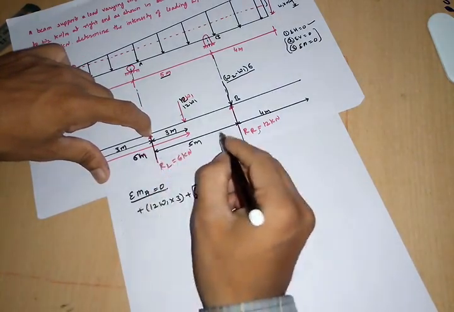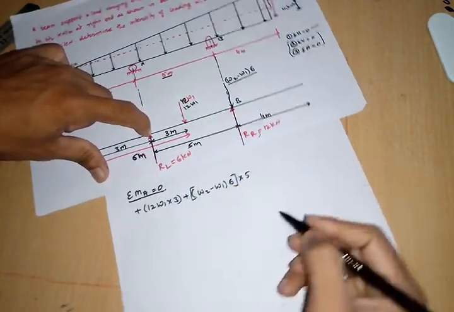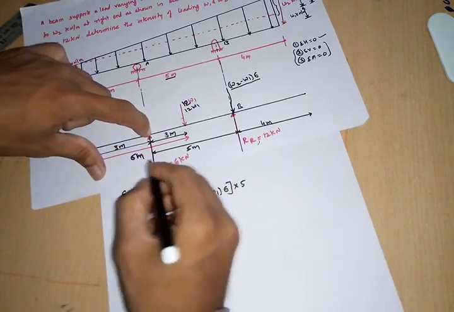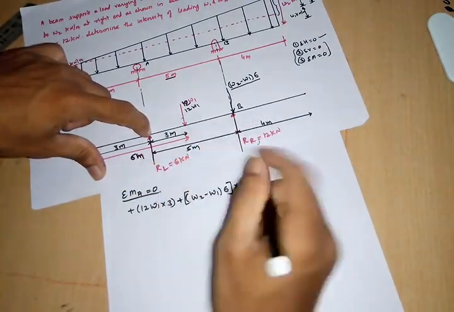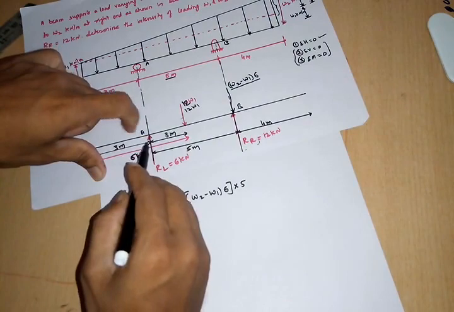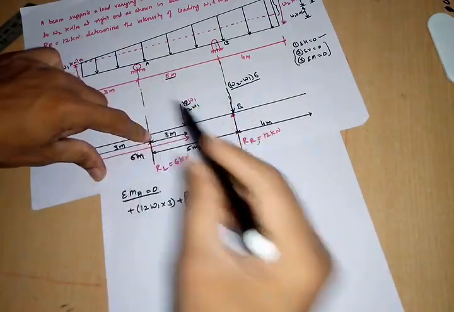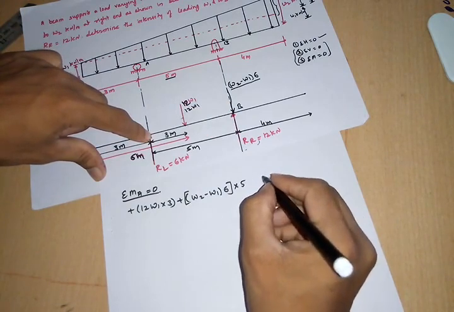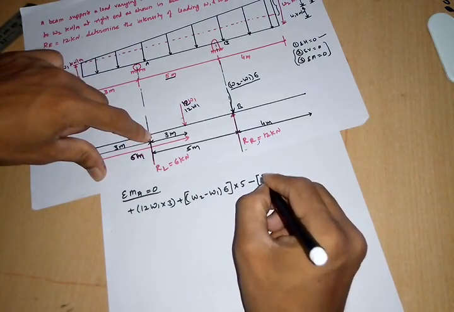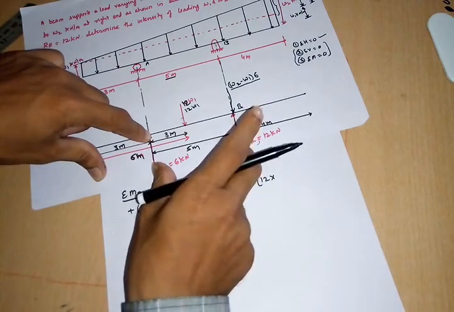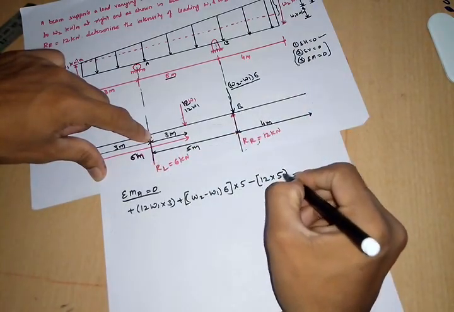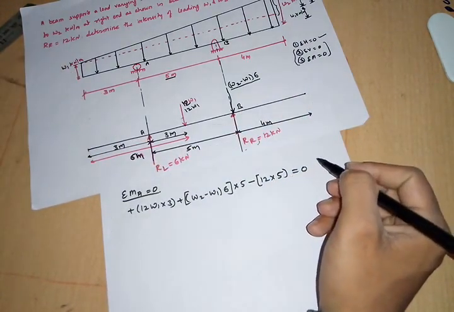The distance is 5 meters, so it is 5. Then next coming to this one, this RR tries to rotate about point A in an anti-clockwise direction. So it is minus 12 into the perpendicular distance, which is again 5, is equal to 0.